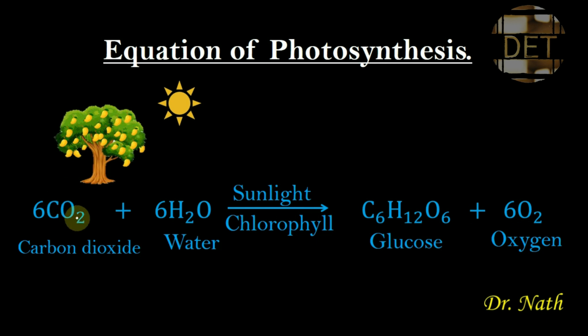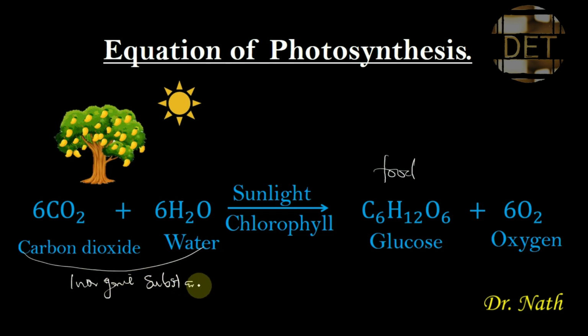The carbon dioxide and the water from which this glucose is synthesized are what is referred to as the inorganic substances from which glucose is produced during photosynthesis.